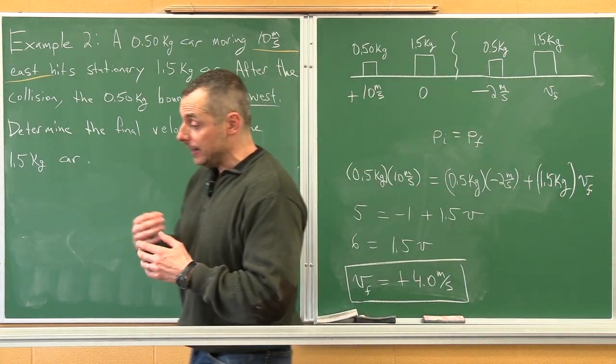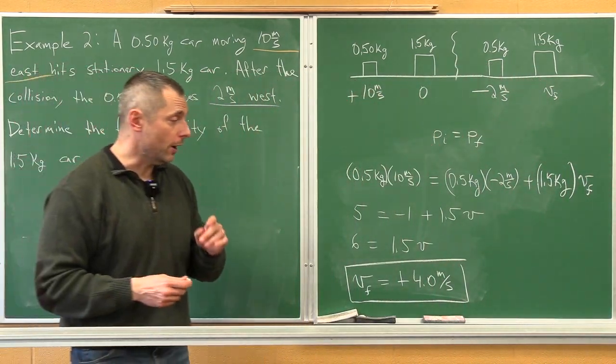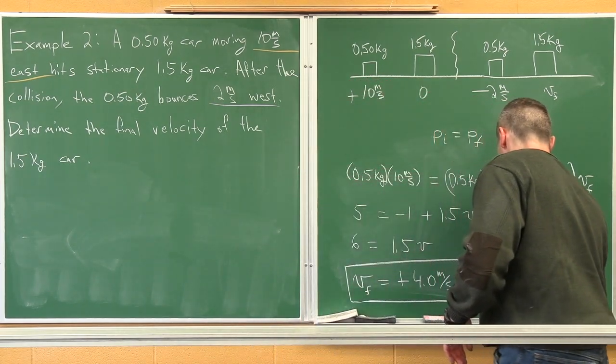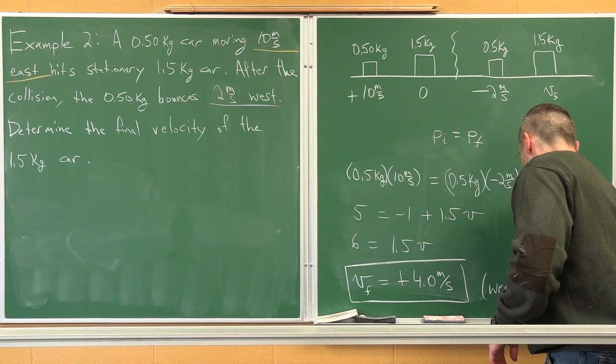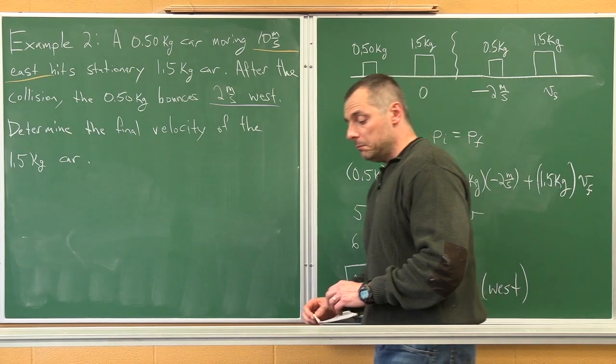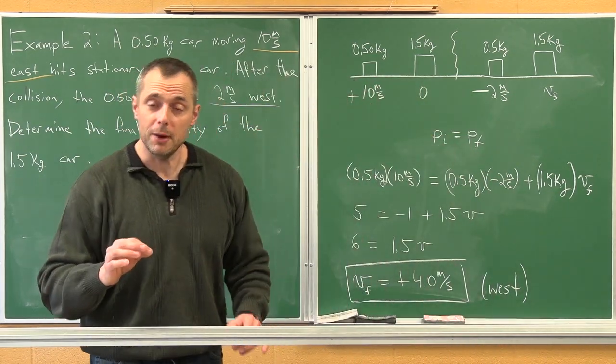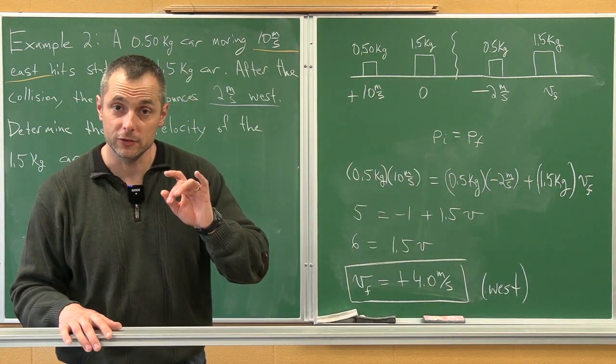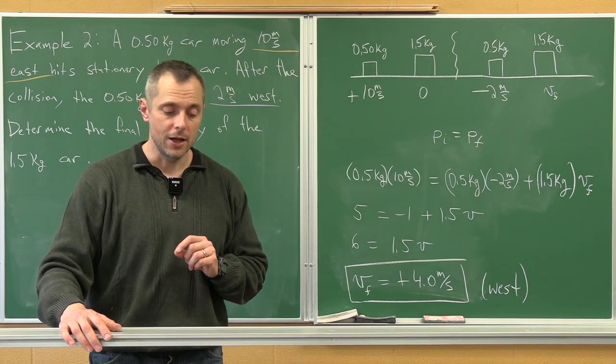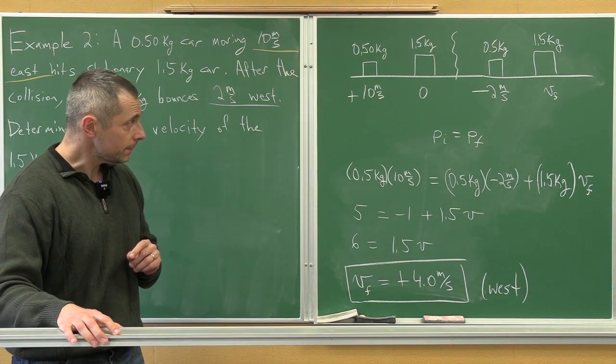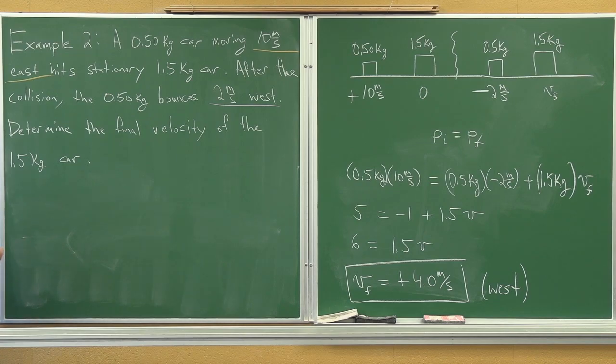So that information is already there, but if you wanted to write parentheses west, just to be sure, not a bad idea, because again, remember, when they say velocity, they mean speed and direction, okay? That's important. So there it is. I'll create a pause, allow you to copy this down if you need a moment.